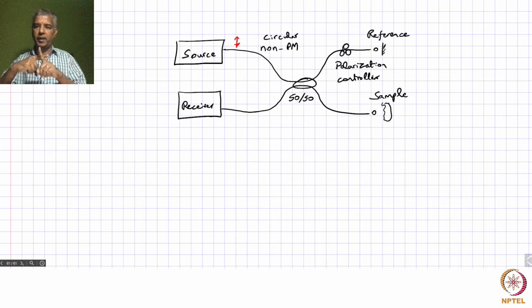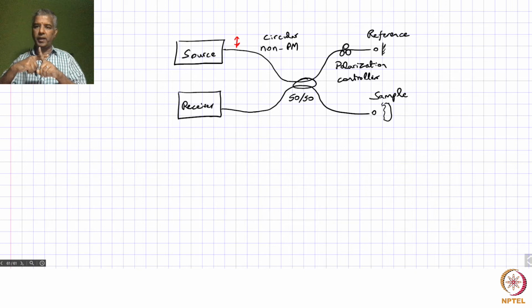and then you have another paddle, another coil which is twice as long, and that actually acts like a half wave plate, which means that it gives a retardation of pi between the orthogonal components, and then you have another paddle which corresponds to once again a quarter wave plate.